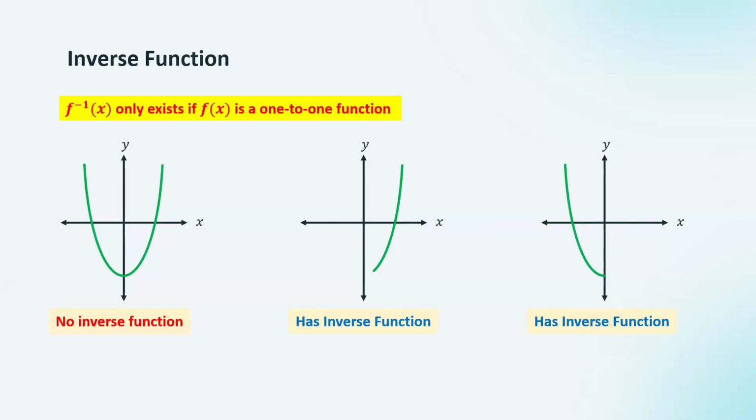For a one-to-many function, you can find the inverse if you restrict the domain. You cannot find the inverse of the full thing, but you can find the inverse of some parts of it, and that's no problem.